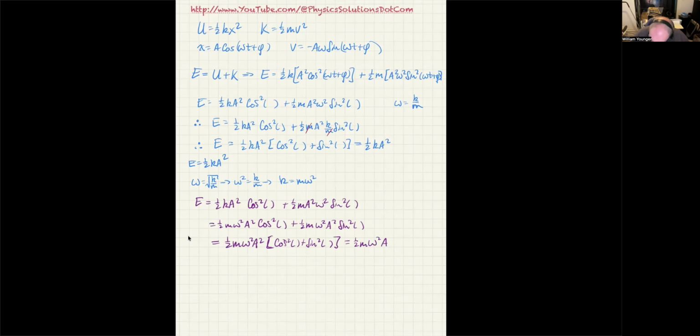A omega is just our velocity. So I could say v max is equal to A omega, in which case we're going to have 1/2 m times, A omega is v max. So that's going to be 1/2 m omega A, or excuse me, times v max.